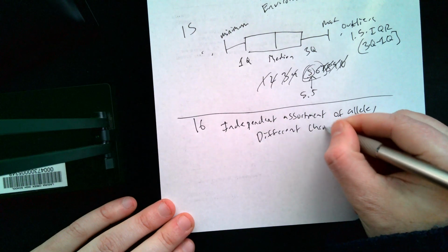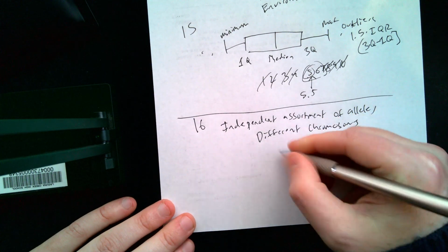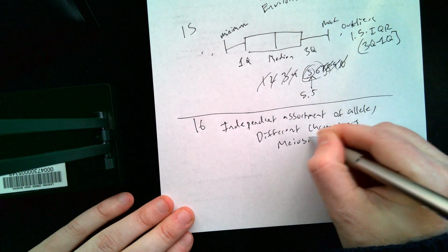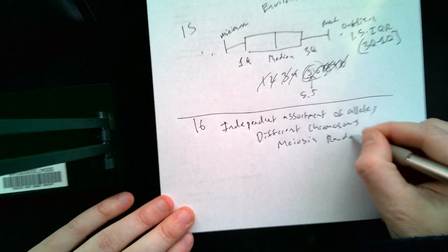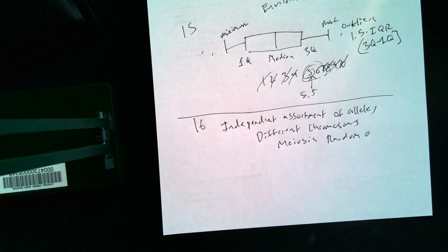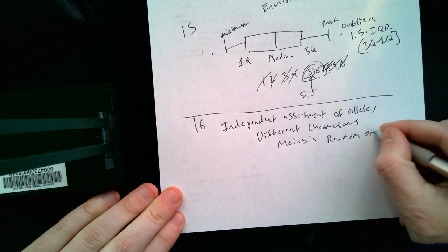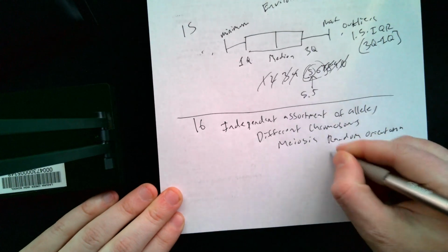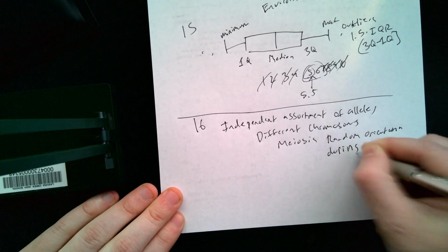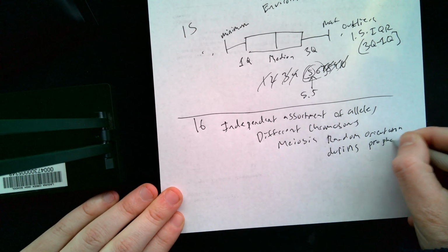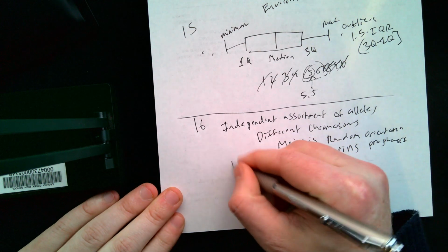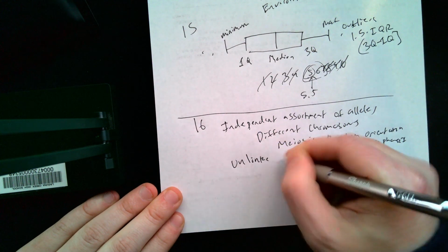And this goes back to meiosis. And this is the random orientation. Random orientation during prophase 1 causes them to sort separately, and these are called unlinked genes.